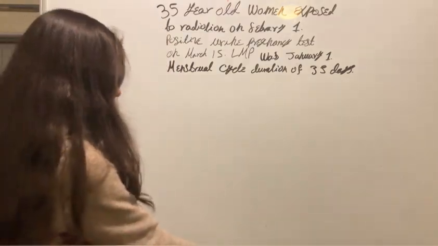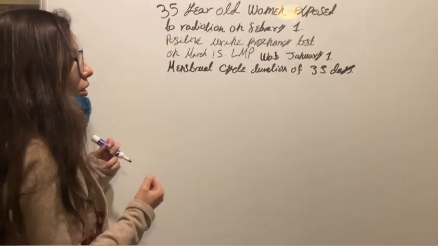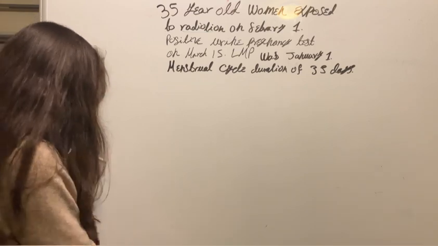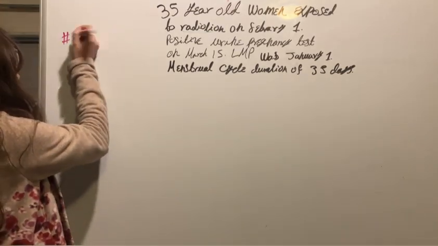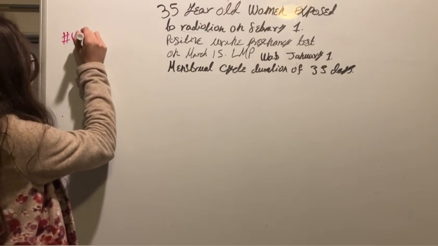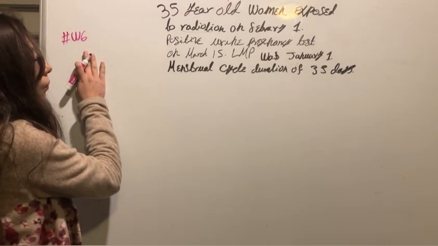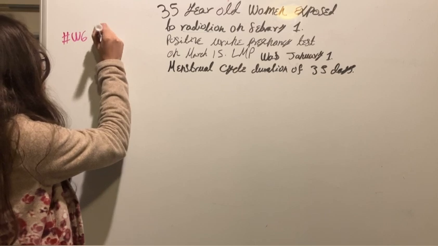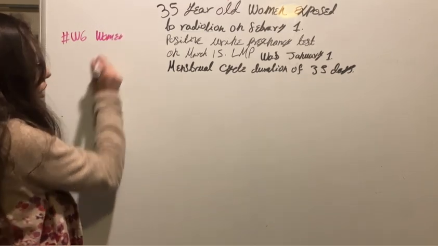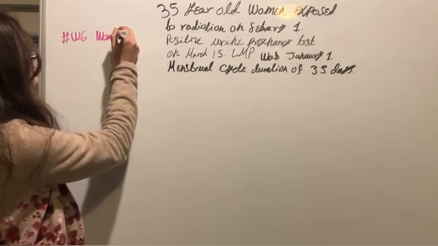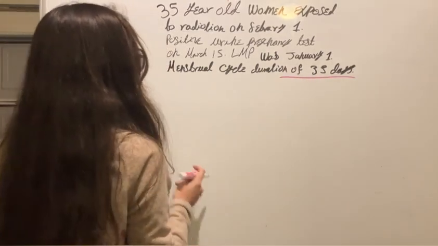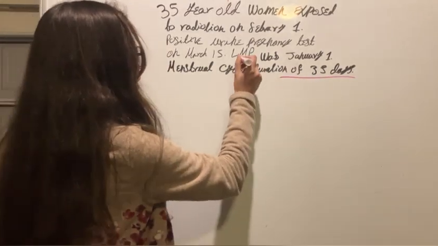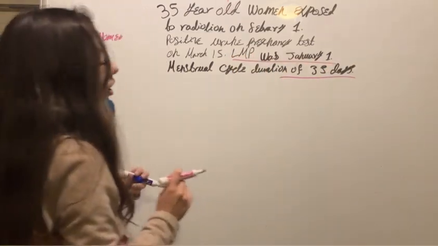So first of all, what we want to know is how many weeks of gestation the woman is. We have a menstrual cycle duration of 35 days, and the last menstrual period was January 1.